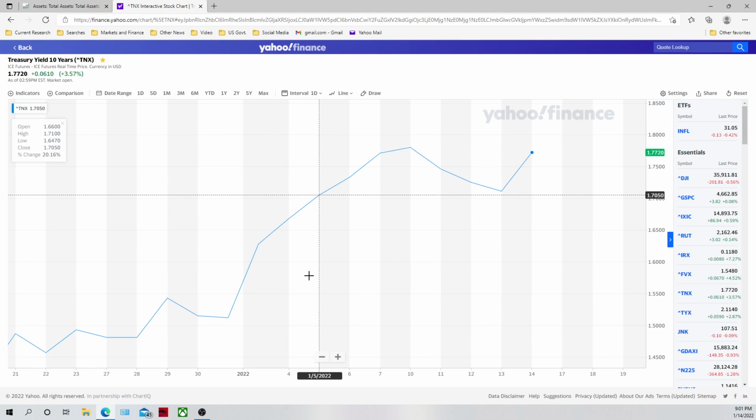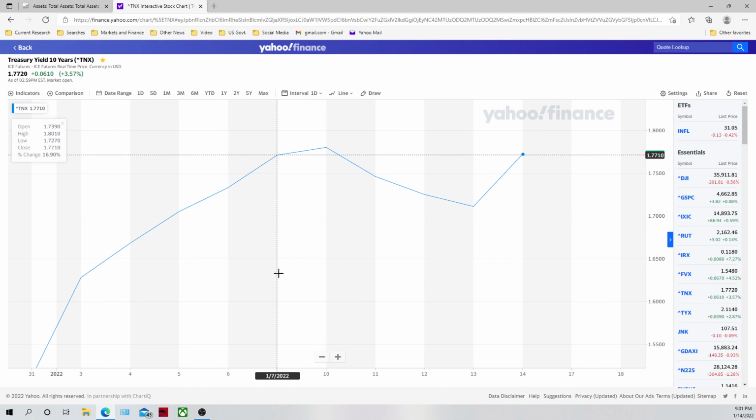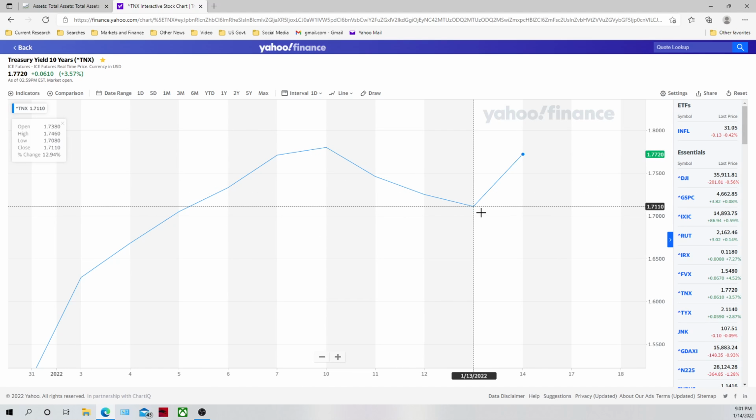The next day, 4 basis points. The next day. You get the point. So, if you're doing a put on bonds right now, you should be good.